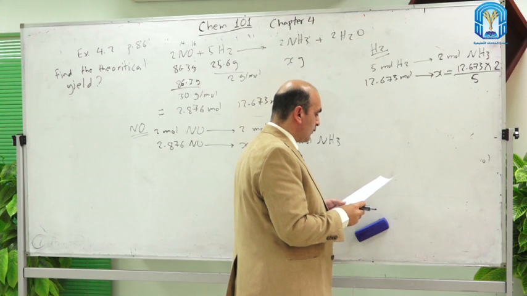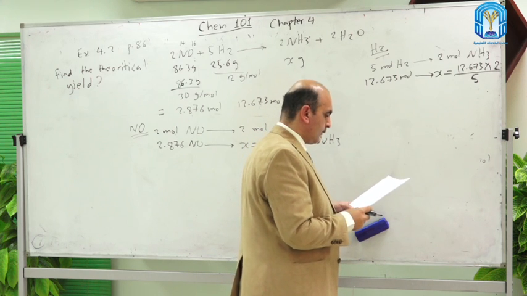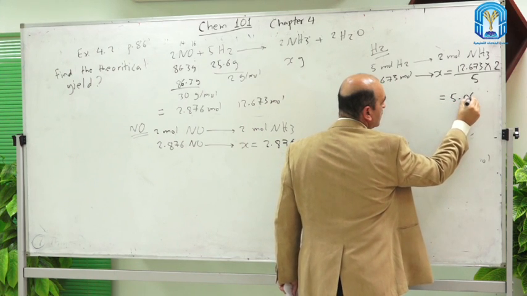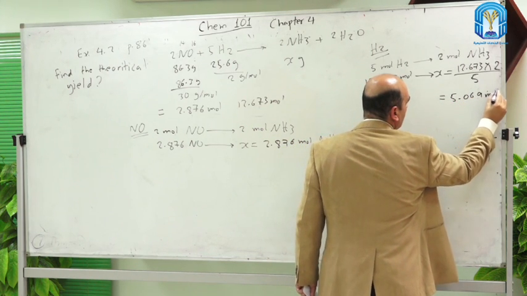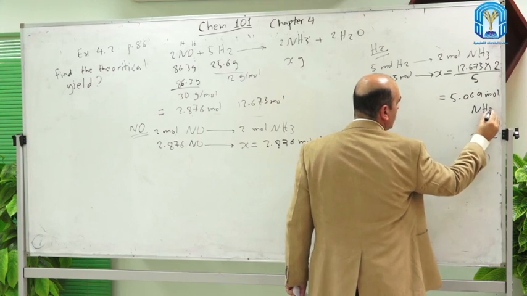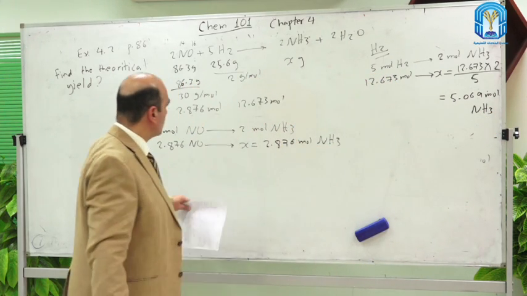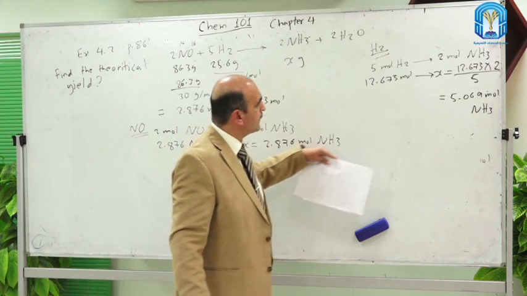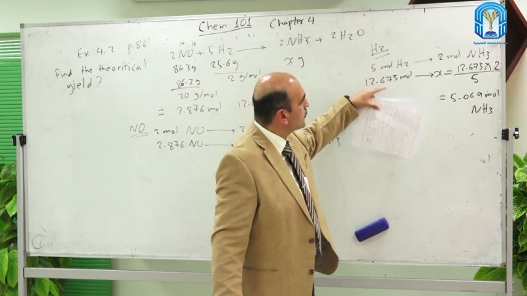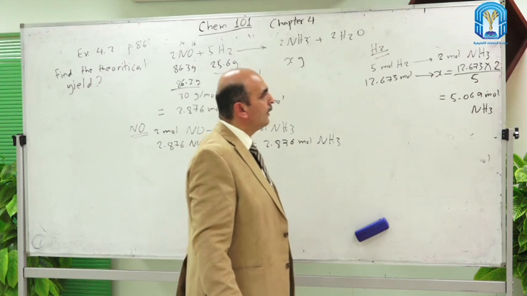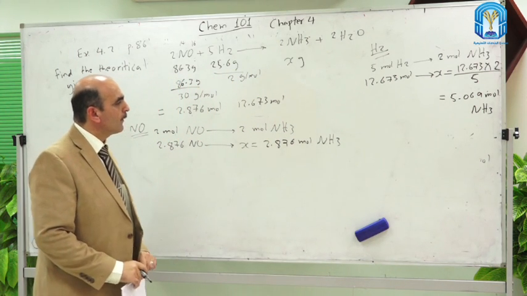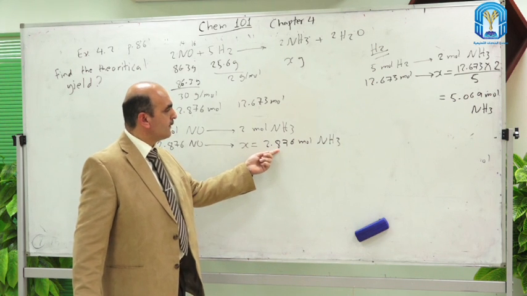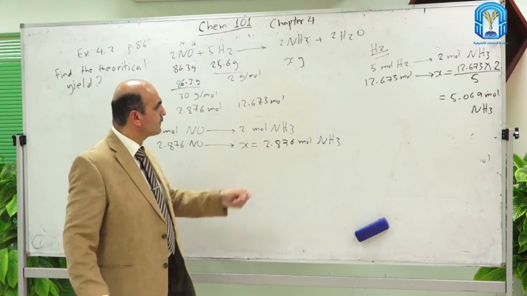And we calculate it from the calculator, which is equal to 5.69 mole of ammonia. So here we see the nitrogen monoxide gave us 2.876 mole of ammonia, whereas the hydrogen gave us 5.69 mole ammonia. So the least number is 2.876.